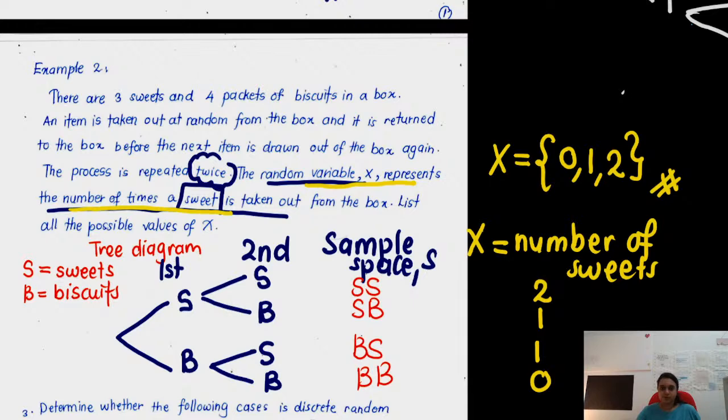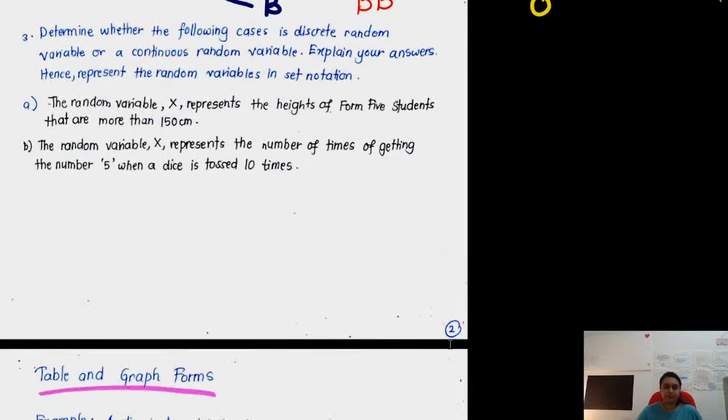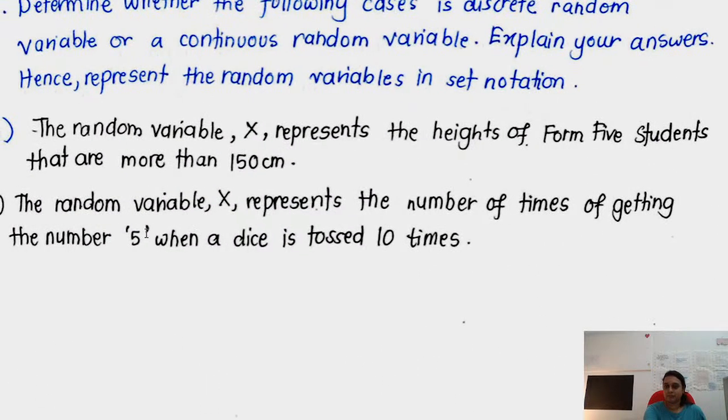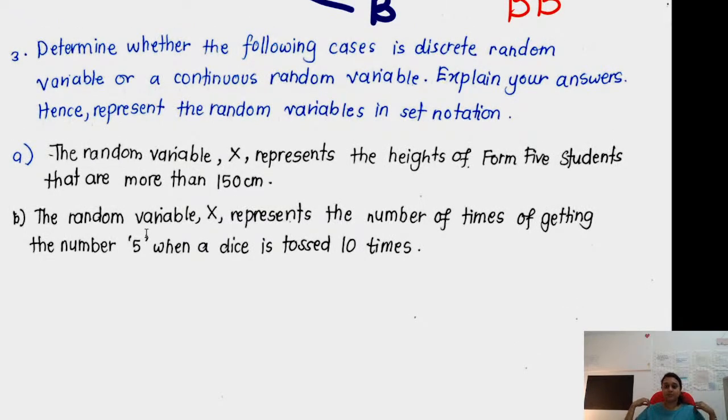Okay, let's go to question 3. Determine whether the following cases is discrete random variable or continuous random variable.